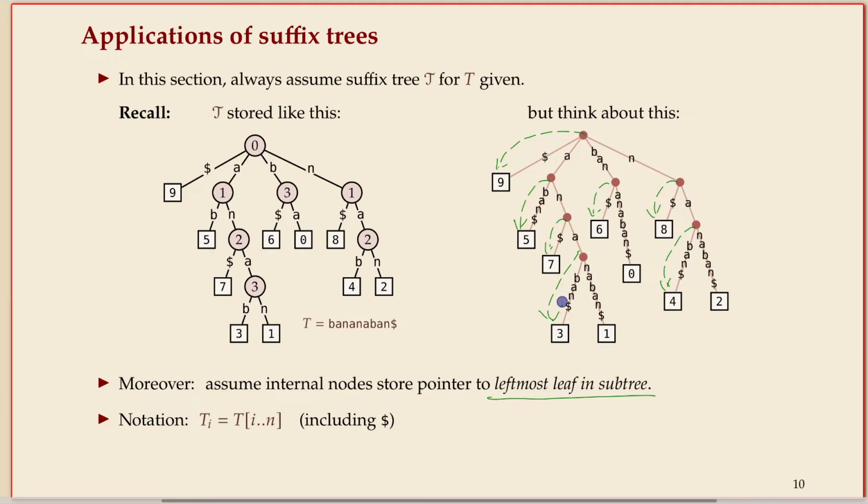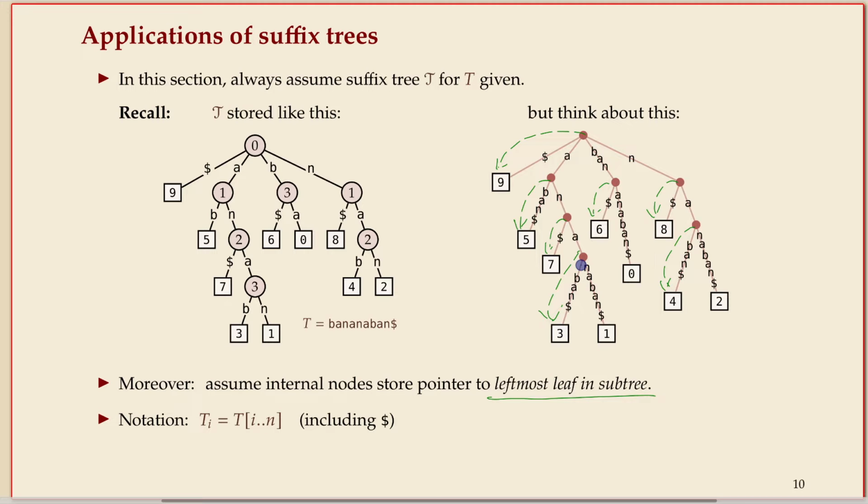So it's just an assumption. Every red internal node stores one pointer, which goes to the leftmost leaf in the subtree. It's not super vital that it's the leftmost. A leaf is usually enough. If you wonder how you could construct those if they're not already there, you represent this tree somehow in memory, and then you do a bottom-up traversal, and you can start from the leaves.